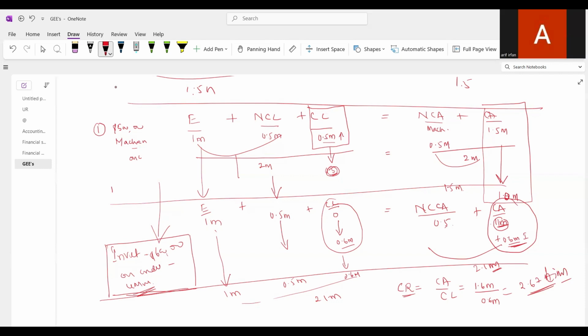Yes. So what is the concept of current ratio? What does it mean, according to you? What do you understand by current ratio?